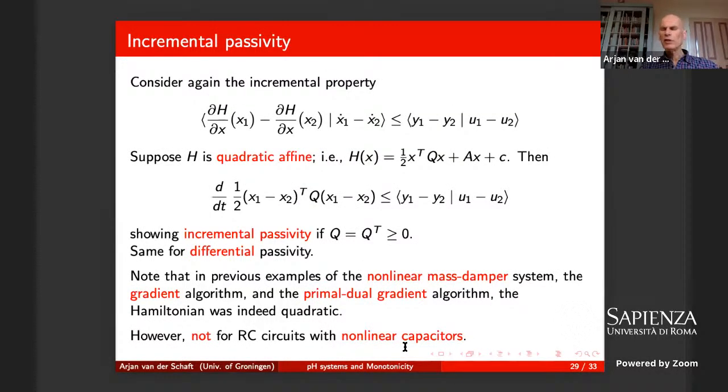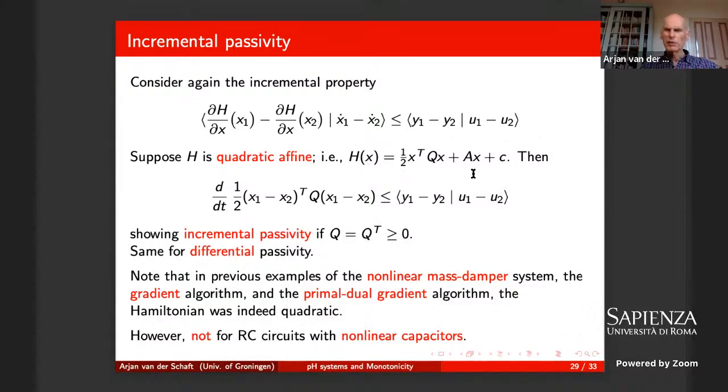Well, Port-Hamiltonian systems are passive, or at least cyclopassive. So one would wonder if they would then also be incrementally passive. Now, that's a more delicate story. So let's again consider this incremental property.